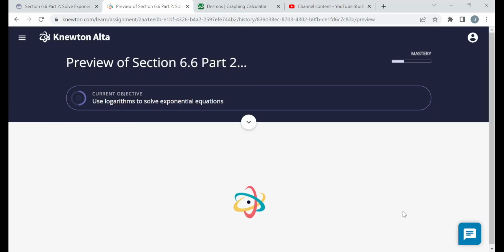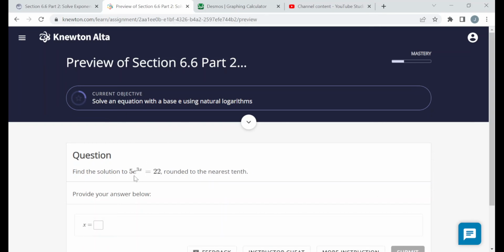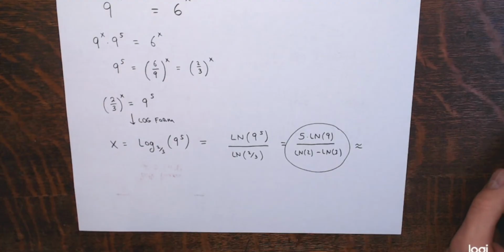All right. So this one is, again, when you have a base with a variable power, and that's the only one, get that alone and then change to log form, right, and solve.